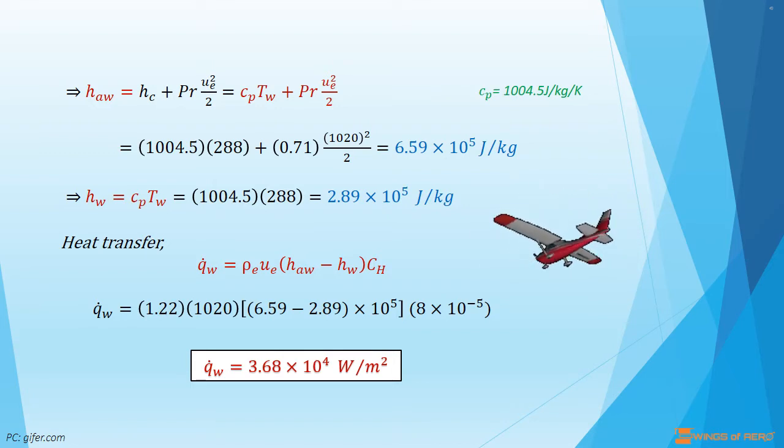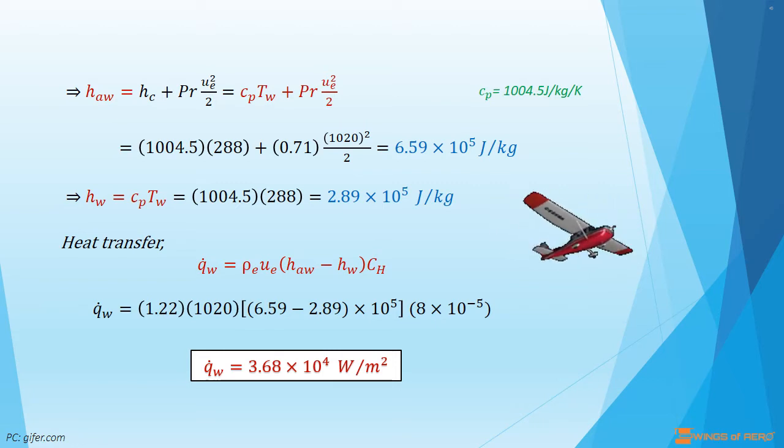We can write H is equal to Cp into T, where Cp is the specific heat of air, which is constant, 1004.5 joules per kilogram per Kelvin. Now substitute the appropriate values in this equation and solve. Thus we get HAW is equal to 6.59 into 10 to the power 5 joules per kilogram.